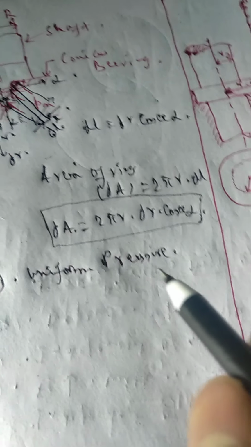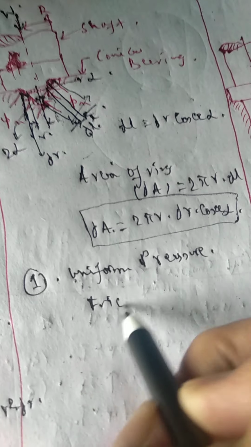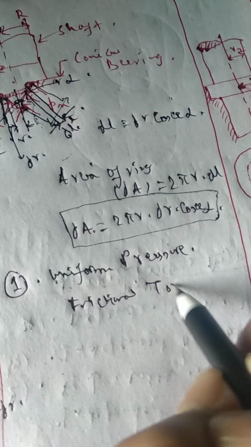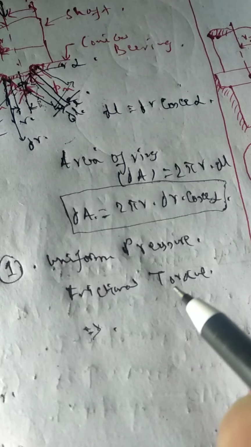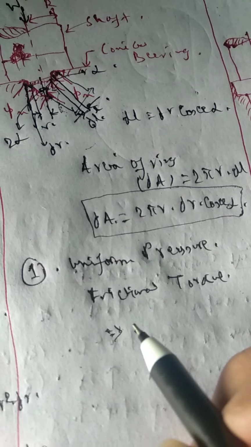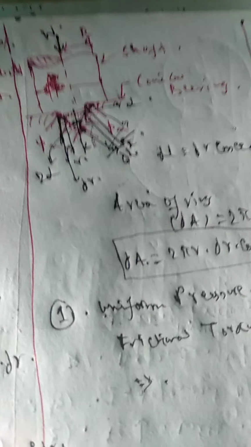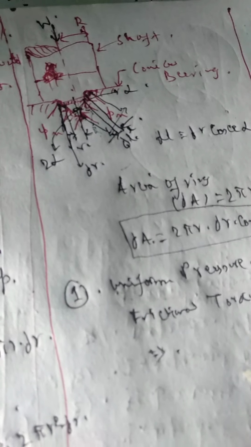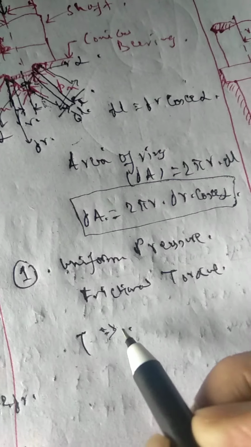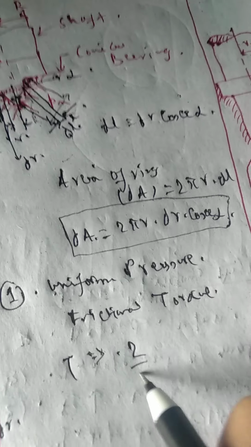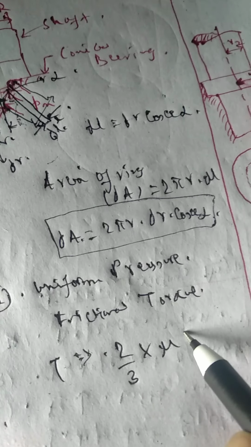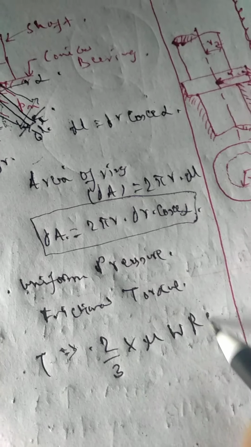For uniform pressure, the value of the frictional torque T will be 2/3 into mu WR into cosec alpha.